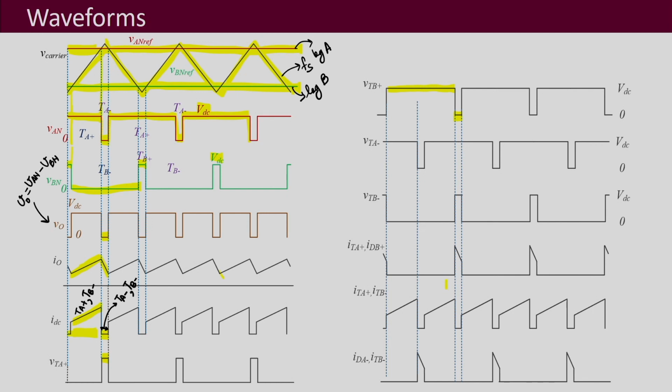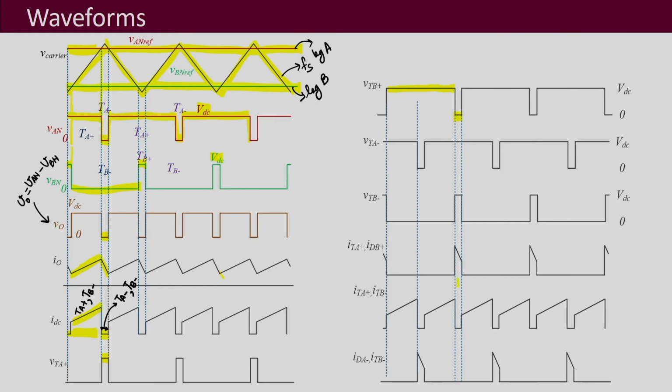Now coming to the switch currents, depending on the switching combination and the direction of the current, it gets decided whether the transistor is conducting or the diode is conducting. Here we have assumed the direction of current to be positive.